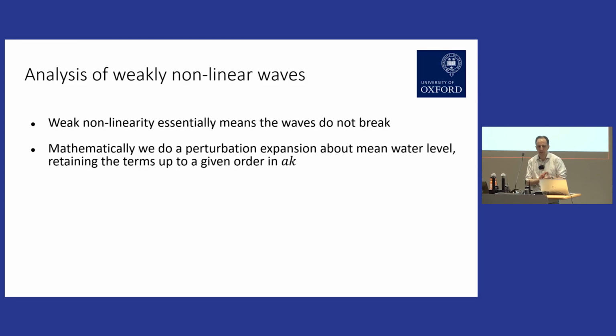So for weakly nonlinear waves, the way we tackle this as standard is to do a perturbation expansion about the mean water level. What do I mean by that? Well, we still have this problem that we don't know where the free surface is before we start the analysis, so that's still a real challenge.